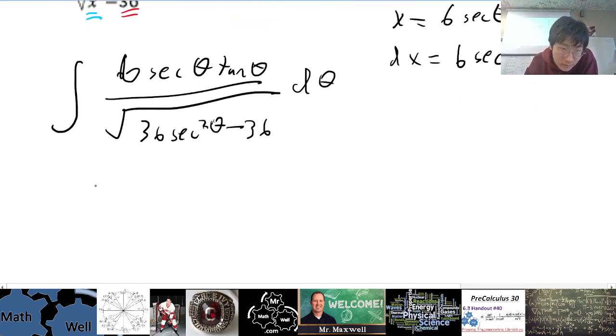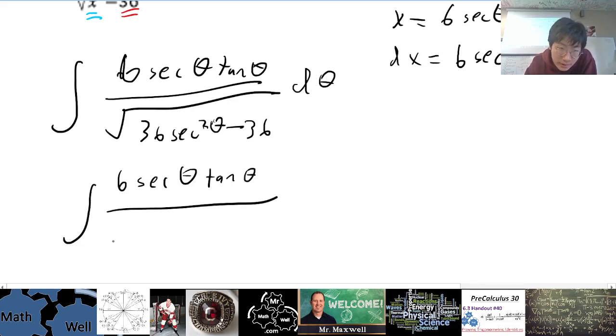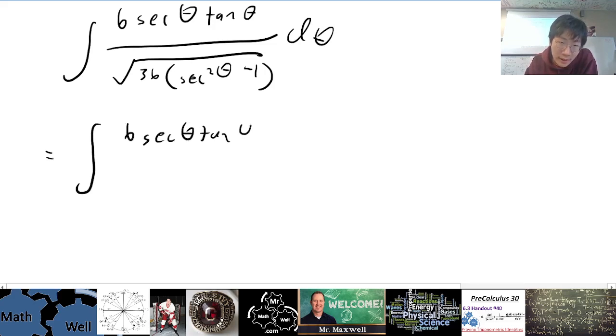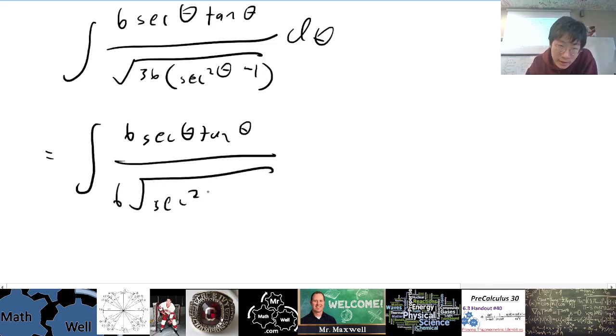All right, we can factor our radical a few times actually, because first we can take out a 36 and we get secant squared theta minus 1, but we can also take that 36 out of the radical. So this is actually going to become the integral of 6 secant theta tan theta over 6 root secant squared theta minus 1, because when you take something out from the radical, it becomes its square root.